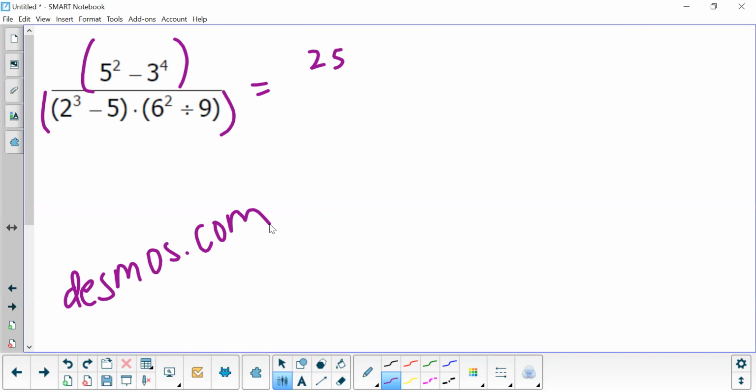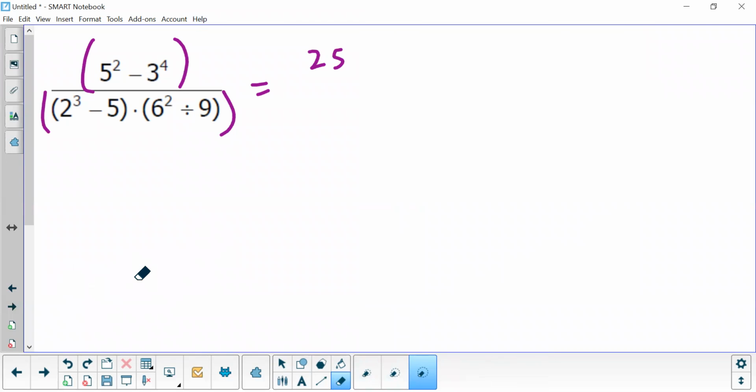I don't want you to type this entire problem into desmos.com as it's shown, because that's not going to help you when you get to your standardized testing. You do really have to know your order of operations. All right, 3 to the 4th power is 81. So on top, I have 25 minus 81.